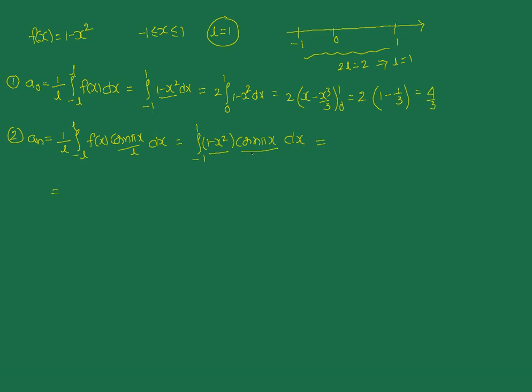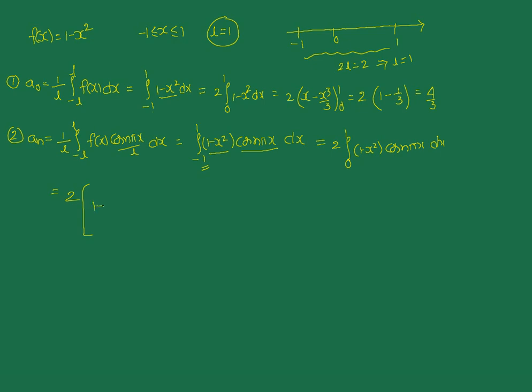Even into even is again an even function between the limits minus 1 to 1. This you can write as 2 integral 0 to 1 of 1 minus x square into cos n pi x dx.